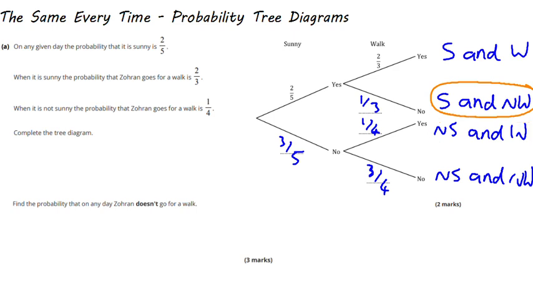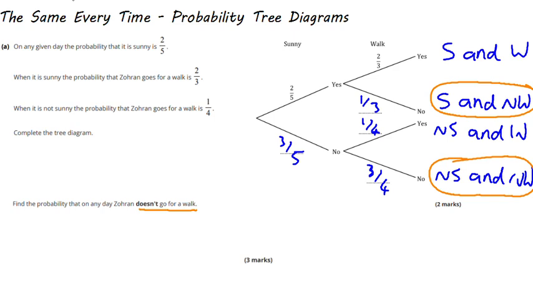We don't need that one, but this option here involves not going for a walk as well. So I've written down all my possible options, and now I've identified which of my options include doesn't go for a walk, so NW, not walk. So those two options. To work out the probability of that, we need to include both of those options.